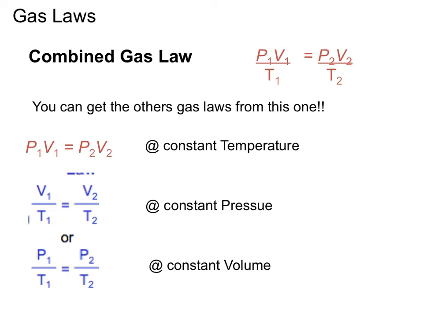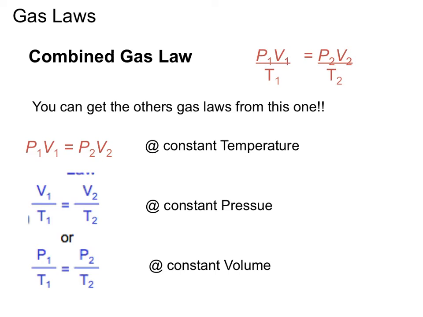So in this specific situation, if we have 5 of the 6 variables, we can manipulate the equation, isolate that variable, and subsequently see how that variable is going to change based on a new pressure or temperature or a new pressure and volume. And basically we'll look at those details in a little bit. But the neat thing about the combined gas law is that you can get the other gas laws from this original combined gas law equation.